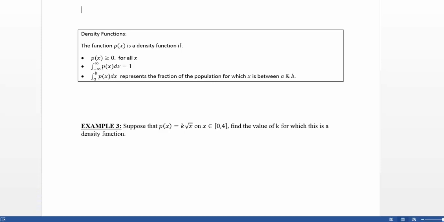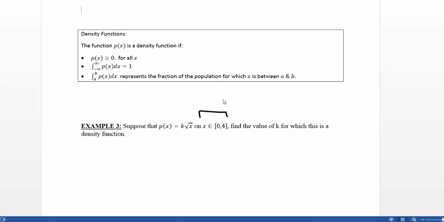The second part of this is that if we integrate this over the bounds negative infinity to infinity, it would have to equal 1. However, we are restricted to a certain domain, 0 to 4 here, which means that we can modify our second point here, and we can make sure that if we integrate from 0 to 4, our function equals 1.